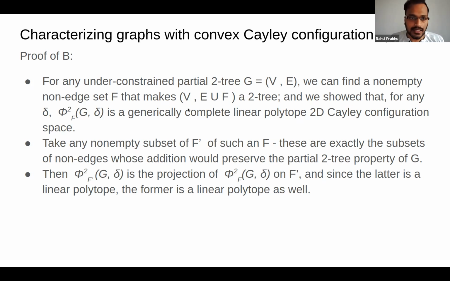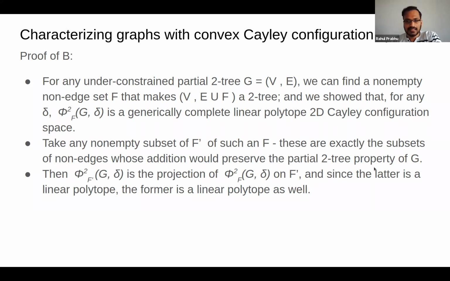Note that when you have a partial two tree, there is no unique completion. There's no unique set that makes it a two tree. I can give you several different sets of edges that complete it to several different two trees. So I'm picking one of those completions. So we take any non-empty subset F dash of such a completion.